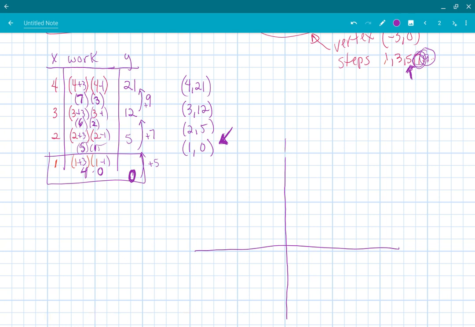It's too high up. (3, 12) is probably doable. 1, 2, 3, and then 12. 5, 10, 11, 12. So (3, 12). And then the other one's (2, 5). And then the other one is (1, 0).